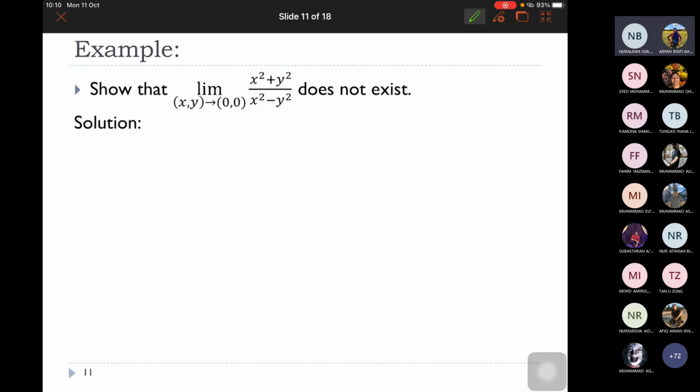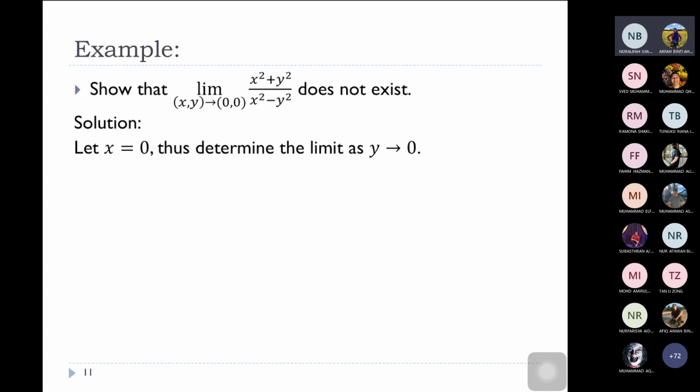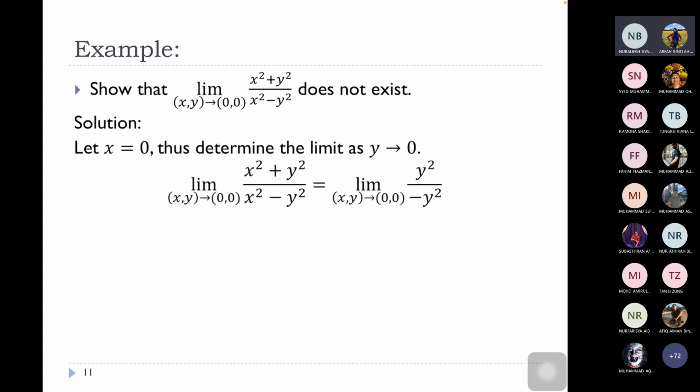So, for this one, let x equal to 0. Okay, so kita determine the limit as y approaches 0. So as y approaches 0, x squared plus y squared over x squared minus y squared, bila x sama dengan kosong, dia akan jadi y squared over negative y squared.